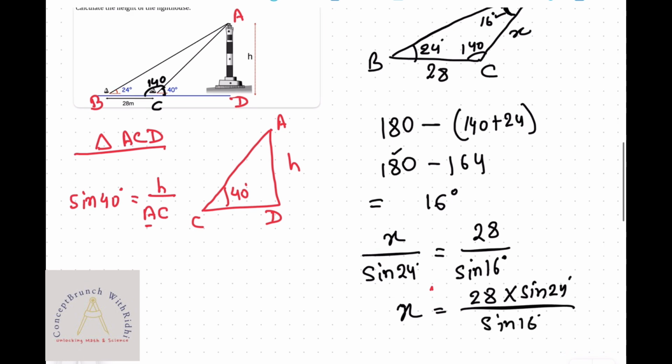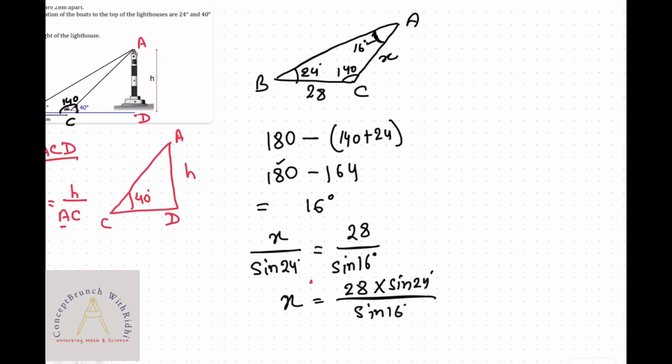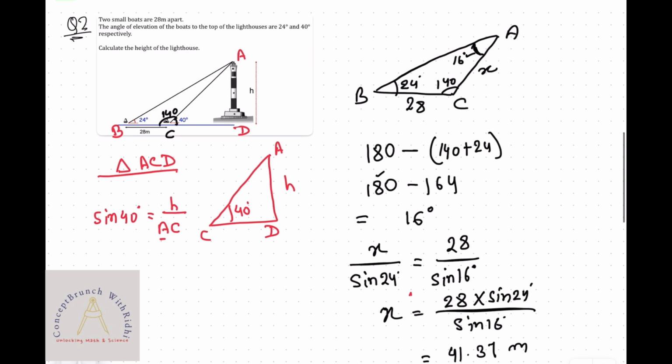Let's use the calculator to find this value. We get around 41.37 meters. So this is the value we got for x. What was x? The AC, this one.